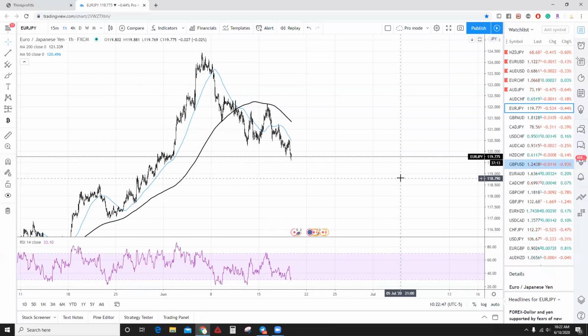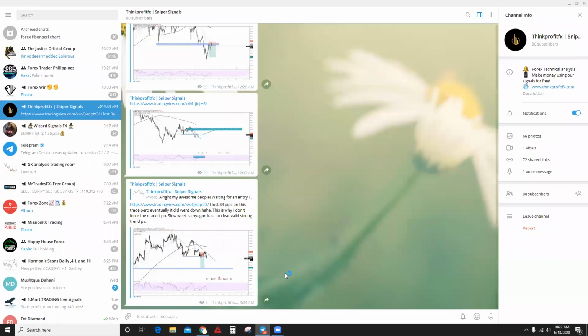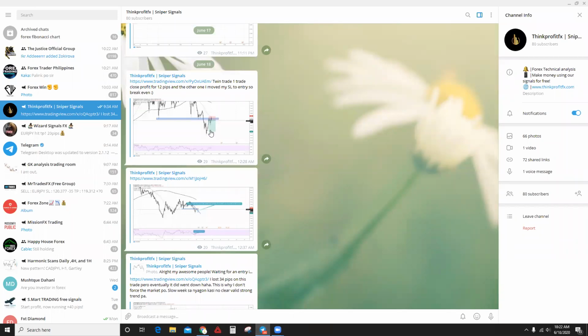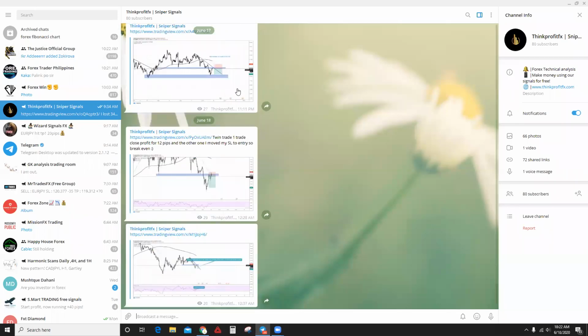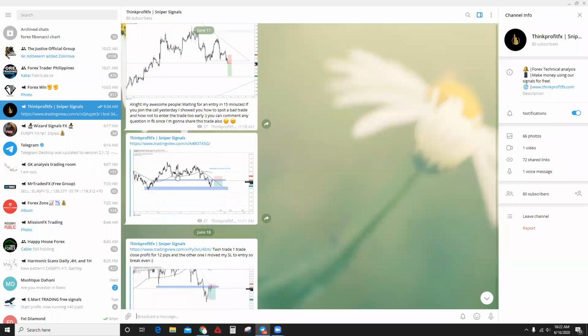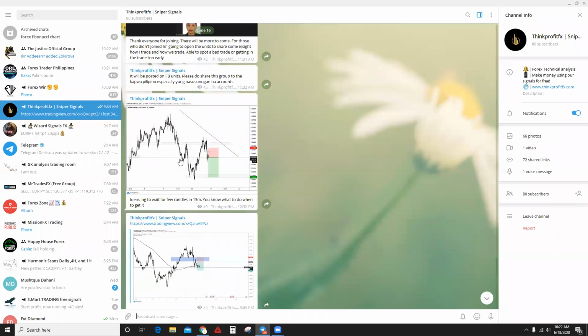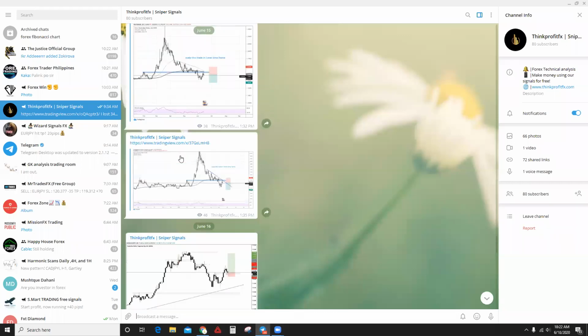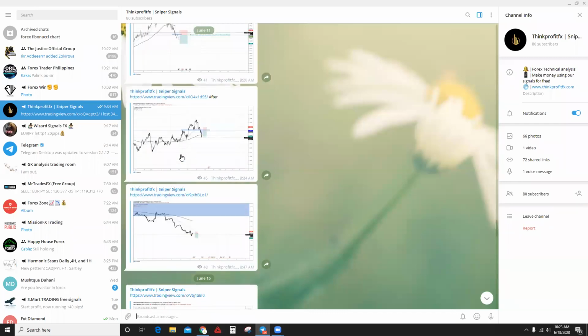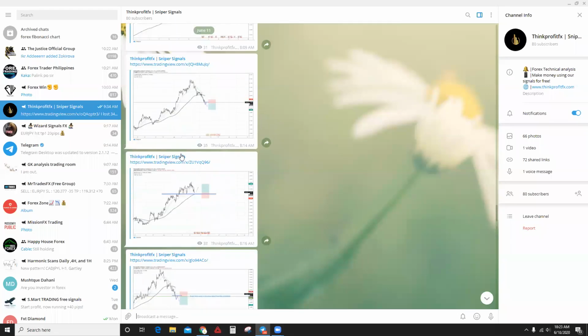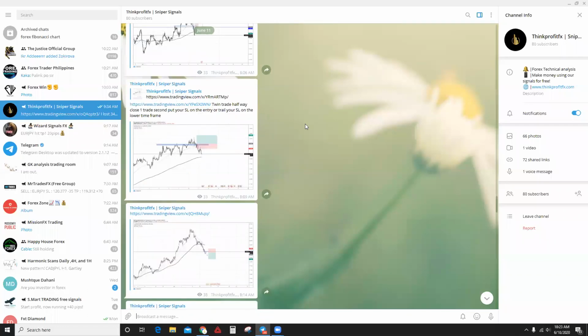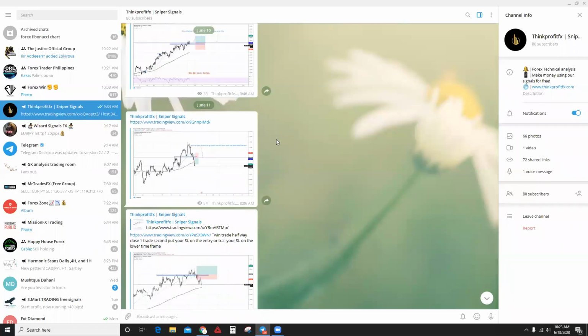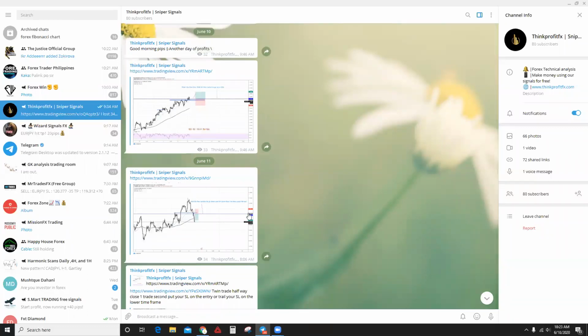Kasi yung mga Telegram ko, hindi po normal na signals kasi yung mga signals ko po hindi po talaga yung parang here, buy here now, sell here now. Kasi hindi ko gusto ang mga members ko na mag-rely sa custom tools or indicators, di ba?